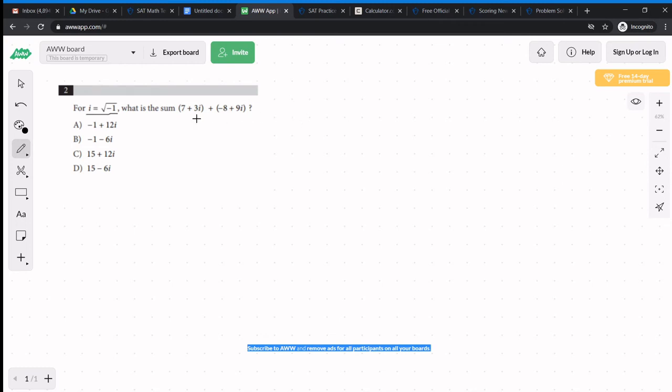So when you're adding things like this, you treat it like you would any variable. You just combine like terms. 7 plus -8, you get -15. 3i plus 9i equals 12i. Just like any normal variable.